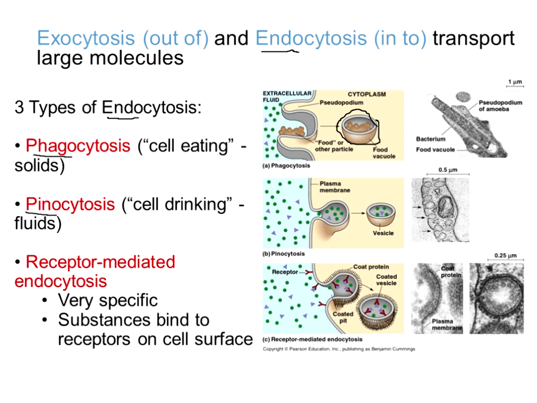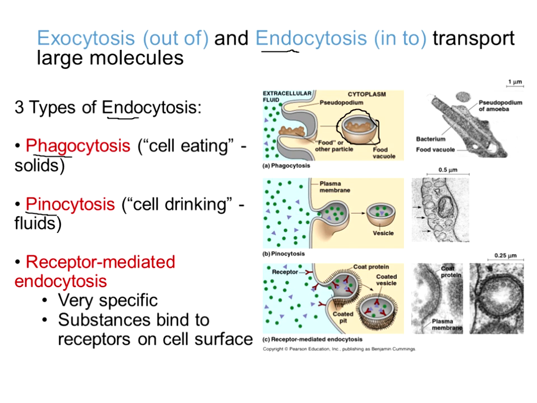Phagocytosis is cell eating. Pinocytosis is cell drinking. So phagocytosis deals with solids, so things like bacteria. If it's an immune cell trying to bring in a bacteria cell to destroy, that would be considered phagocytosis. Pinocytosis is cell drinking, so bringing in fluids.